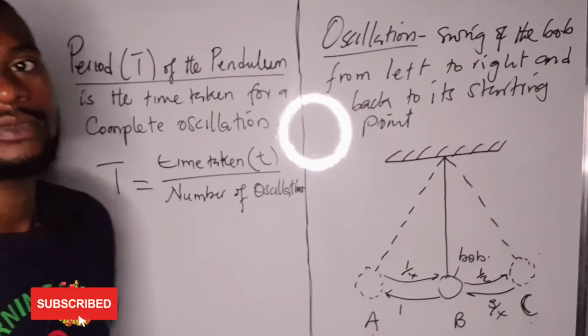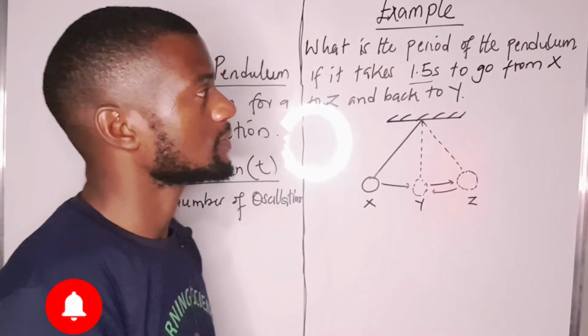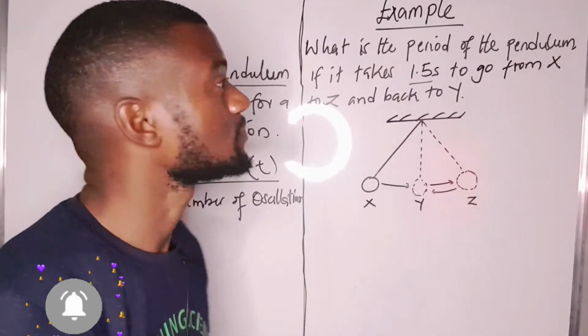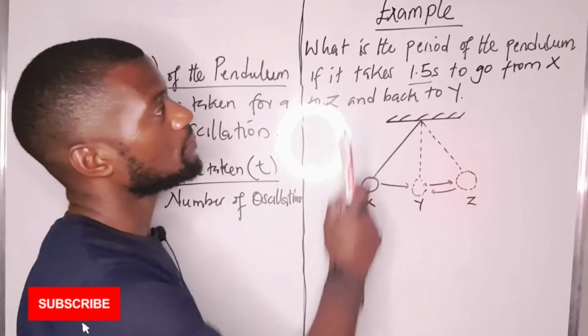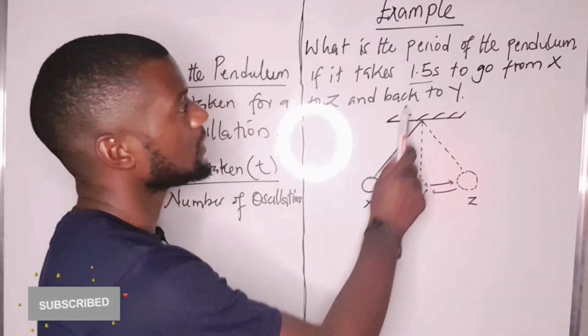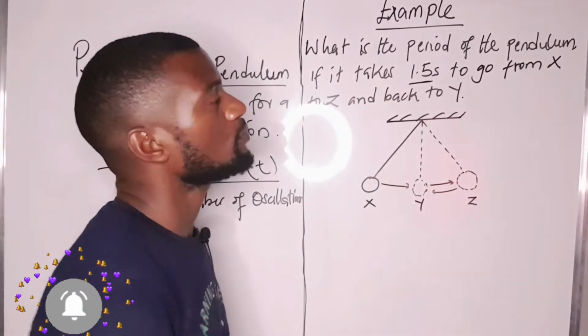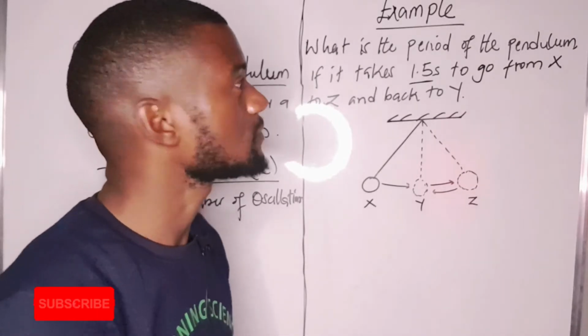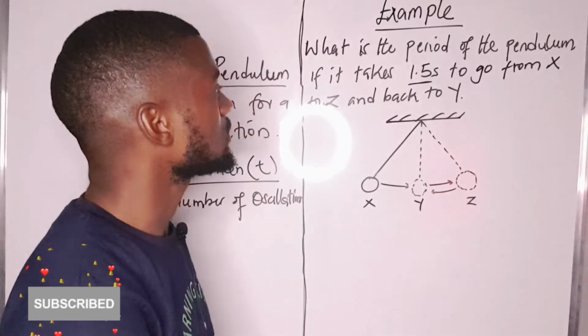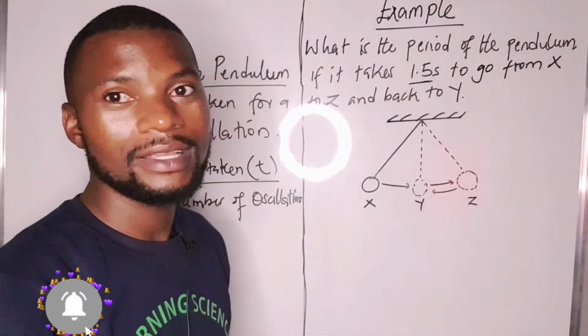Let's look at this example: what is the period of the pendulum if it takes 1.5 seconds to go from X to Z and back to Y?